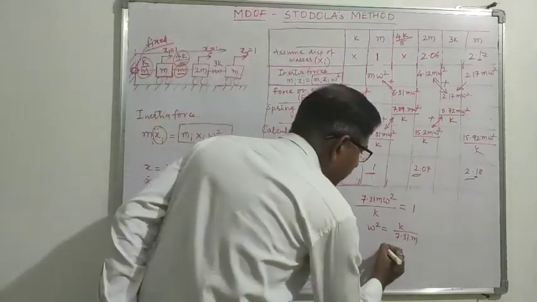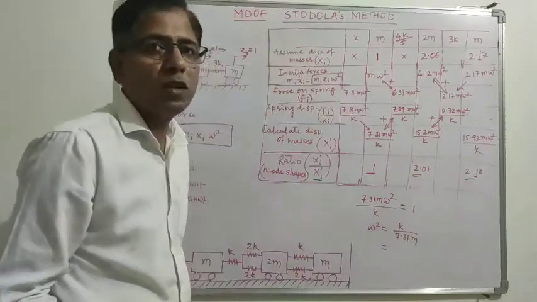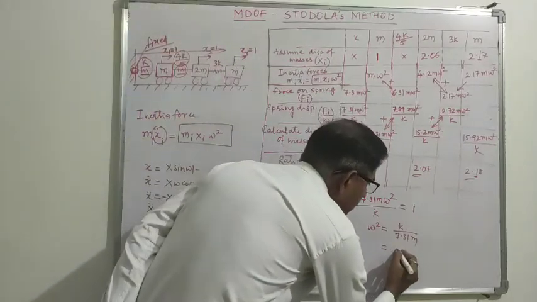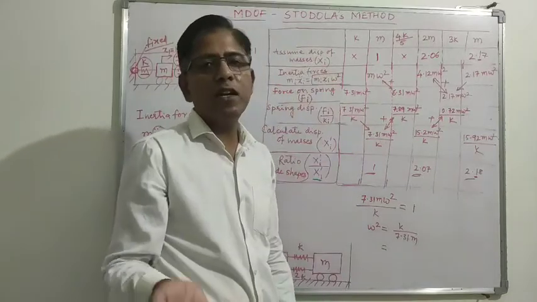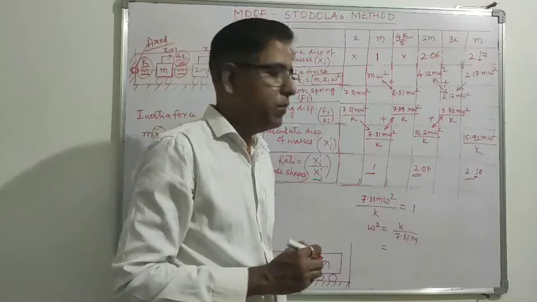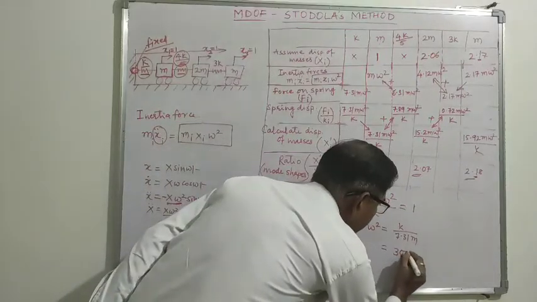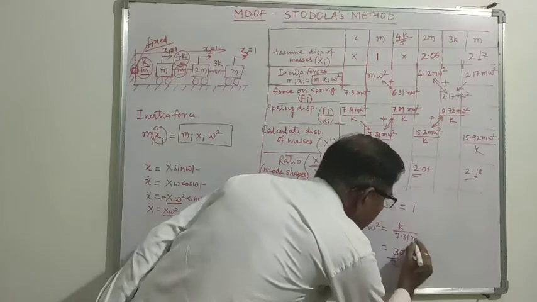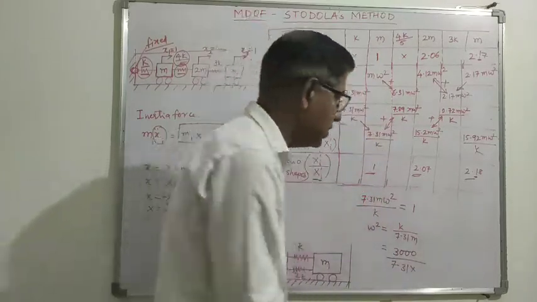Now the value of k is given as 3 kilonewton per meter. So 3 kilonewtons, we convert it into 3000 newton per meter. So this is 3000 divided by 7.31 into mass, which is given as 1000 kg.